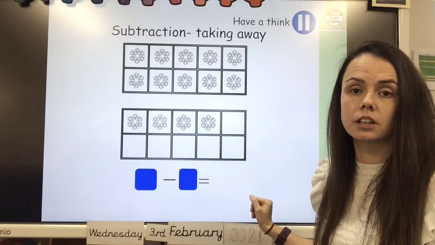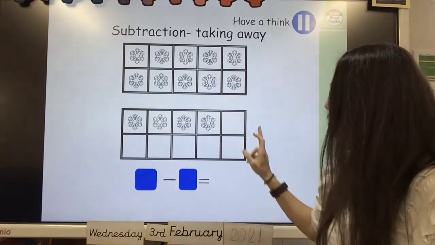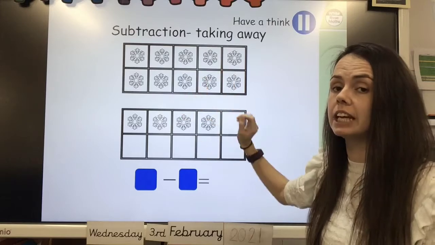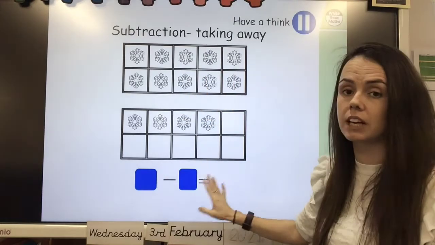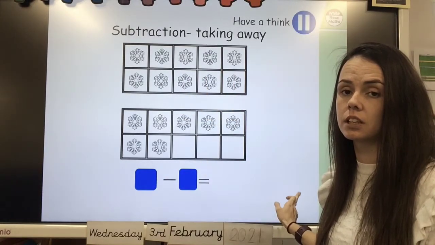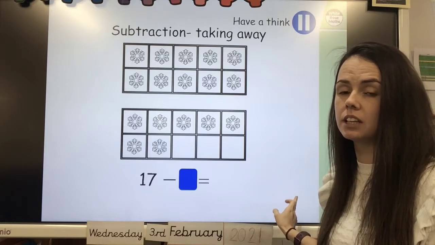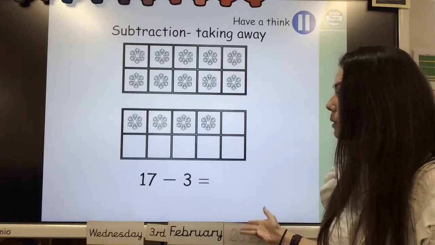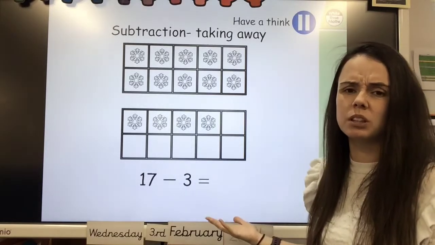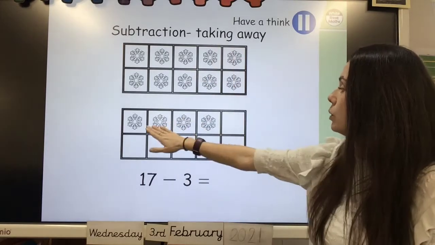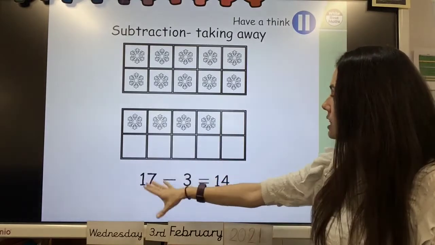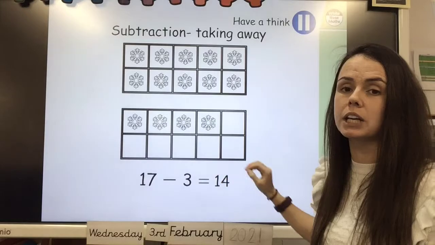How many went? 3. It was 1, 2 and 3. So we had 17 and 3 disappeared. Let's see if that comes up as our number sentence. So how many have we got now? 10 and 1, 2, 3, 4, 14. So we had 17, 3 went away, we've got 14.